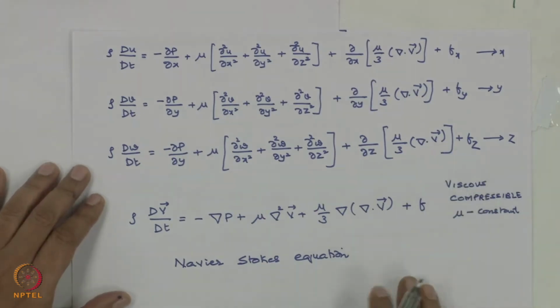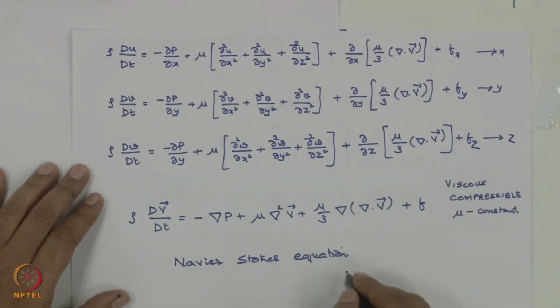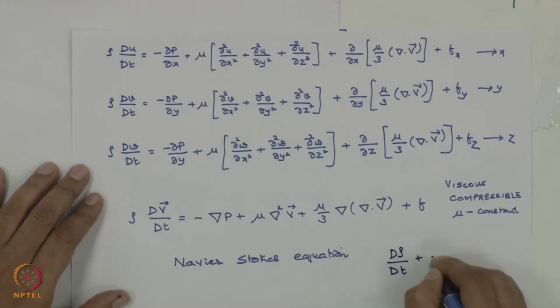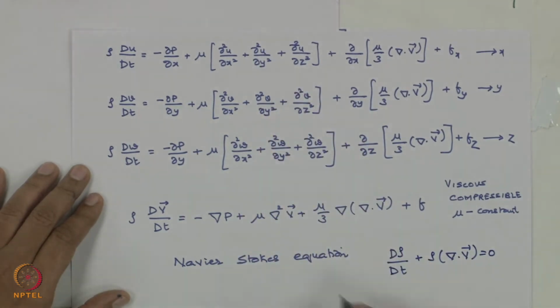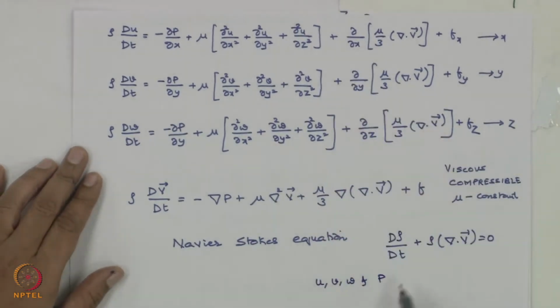And remember, we had derived the continuity equation as d rho by dt plus rho of del dot v equal to 0. So in total we have 4 equations, and the 4 unknowns are u, v, w and p.